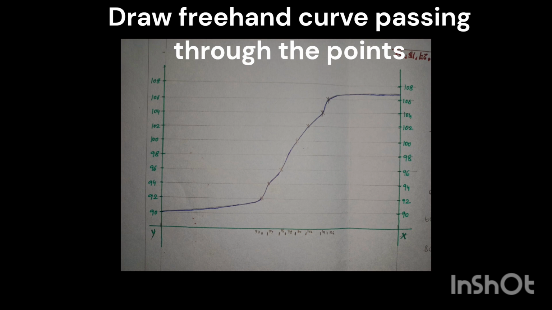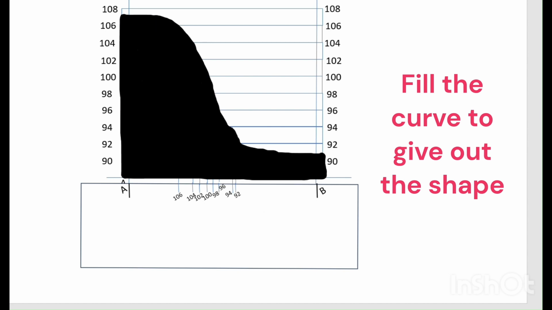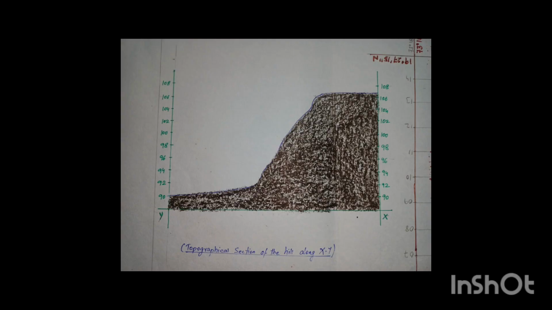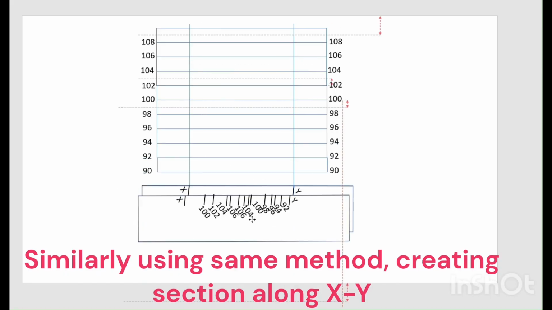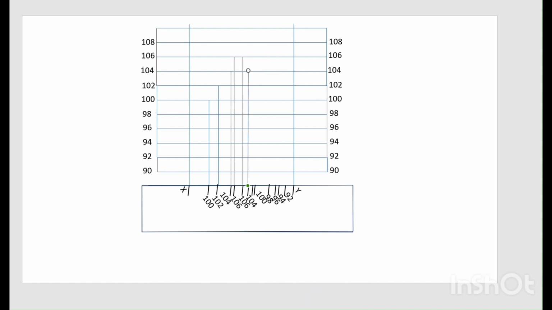I've drawn this freehand curve on my graph, and we'll fill the curve to give the shape. This is how a section of a topographic contour map is drawn. This is on my A1 sheet. Using the same method, we'll create a section along XY, the other side, which is perpendicular to the AB section line.